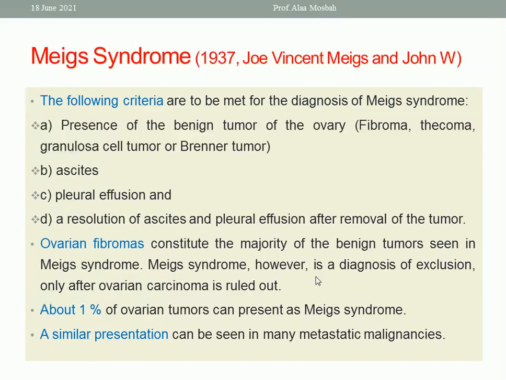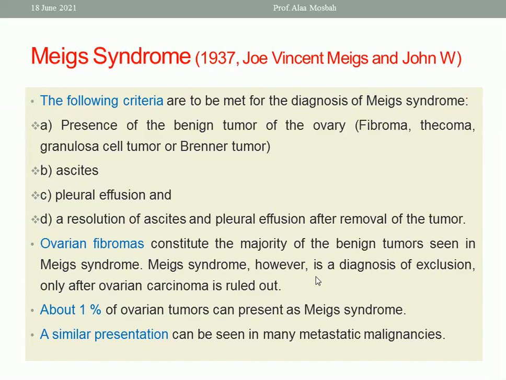So what is Meigs syndrome? In 1937, Joe Vincent Meigs and John W. reported 7 cases of ovarian fibroma, ascites, and pleural effusion. That's why the criteria to diagnose Meigs syndrome should fulfill the following: presence of benign tumor of the ovary, either fibroma, thecoma, or granulosa cell tumor or Brenner tumor.